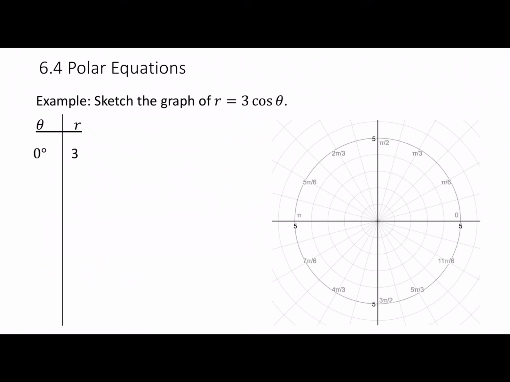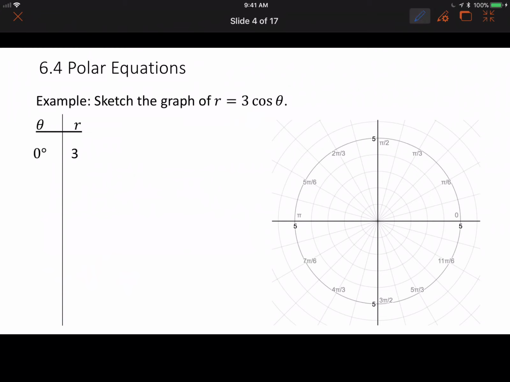So if theta is 0 degrees, then I get 3 cosine of 0 degrees, which is 3 times 1, or just 3. So I want to plot the polar point. Now I've written my theta first and r second, but of course the point in polar coordinates has the form r comma theta.